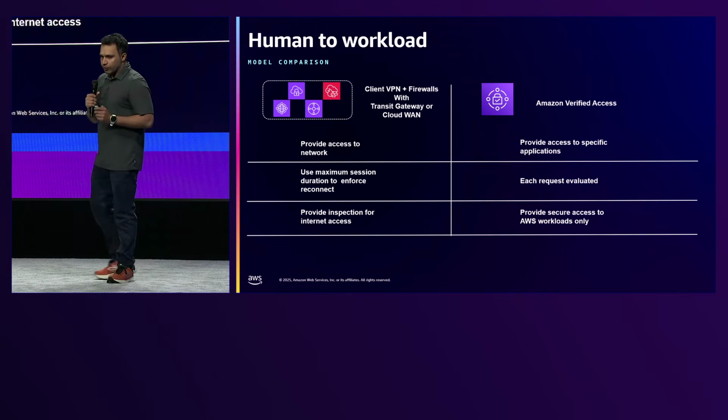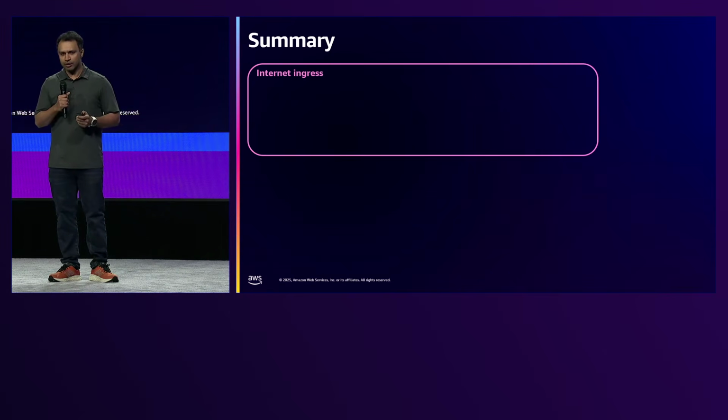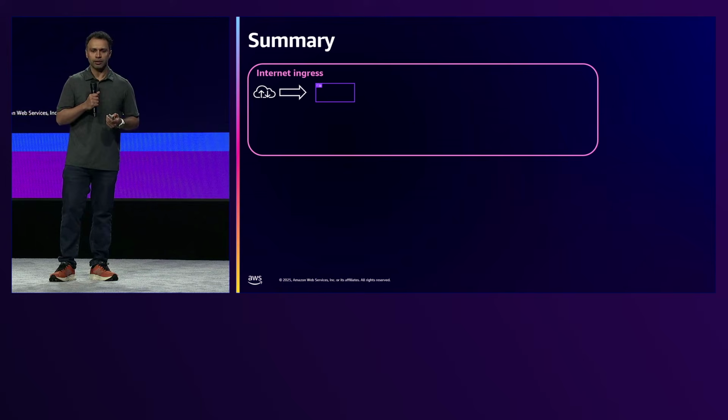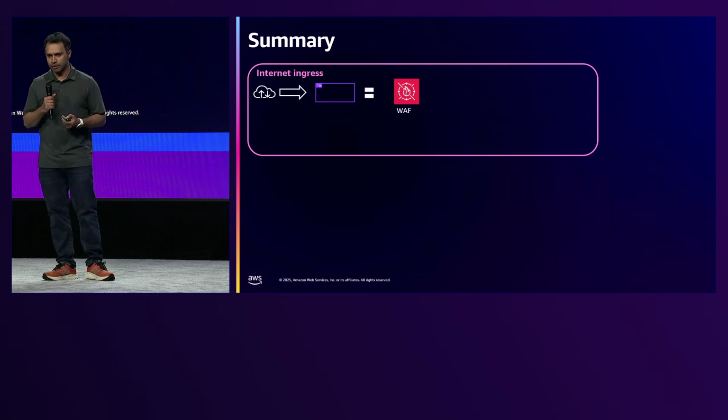All right. So folks, with this, I'm going to summarize the entire section. So earlier you heard Tom talk about internet-based use cases, wherein your users sit on the internet and then they're trying to access workloads within AWS. So the verdict over there is use WAF for your web applications to provide protection.